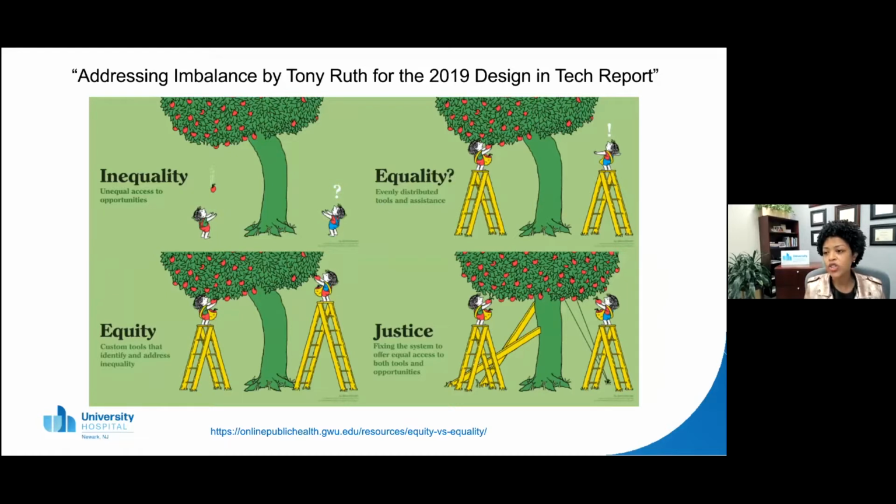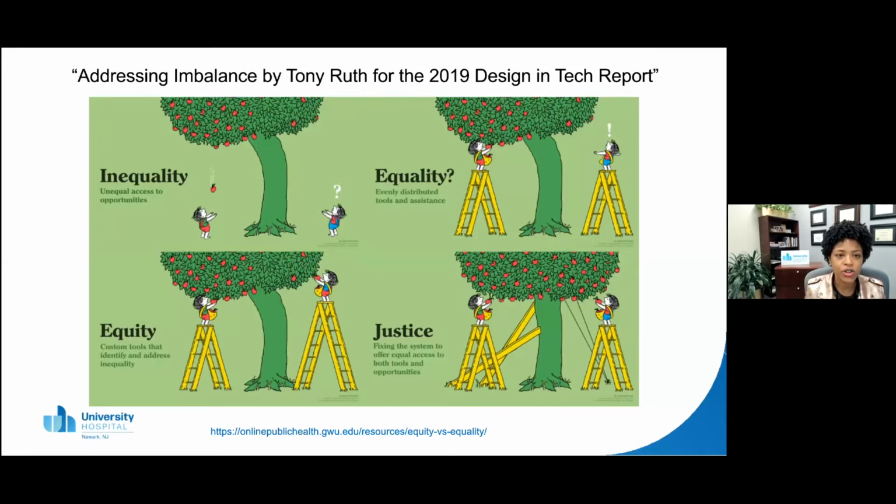And we can't assume or take for granted that everyone understands the nuance between those two terms and what is necessary as interventions or actions to achieve equality versus achieving equity. I came across this graphic a year or more ago, and I've used it every time I've had a talk because I just think it is so profound and so digestible for the audience.